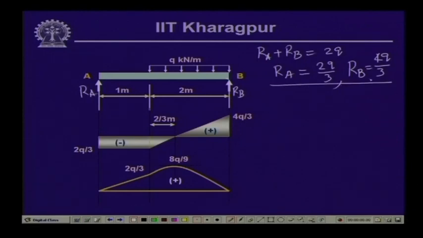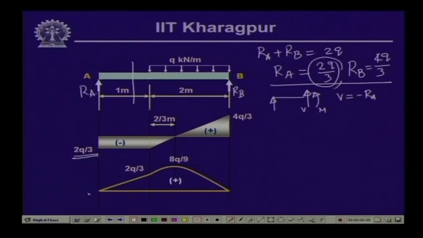Now, if we take a free body of the left segment between 0 and 1, then we have the reactive force R A over here, and the shear force and bending moment V and M. Now, V plus R A equals 0. So, this gives V equal to minus R A. R A again is equal to 2 Q by 3. So, from 0 to 1 we have a constant value of 2 Q by 3, but it is negative.